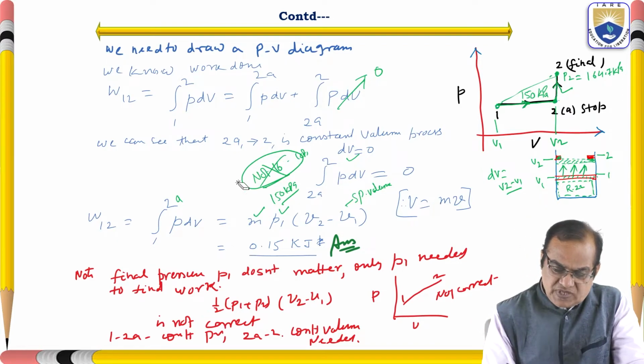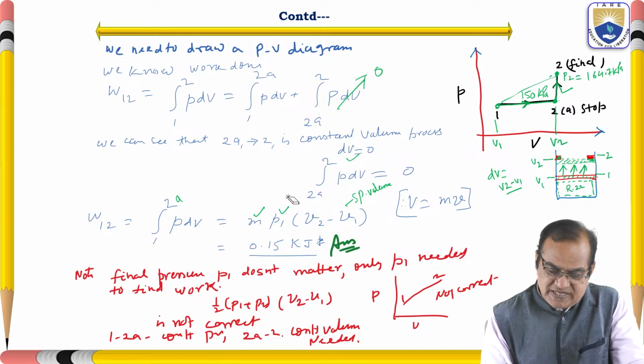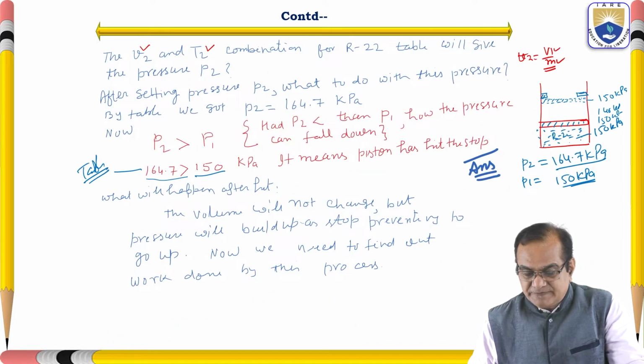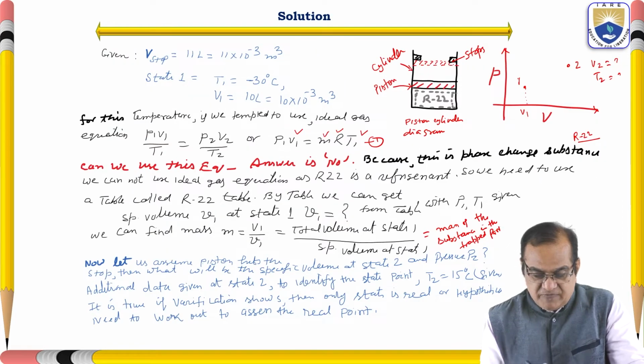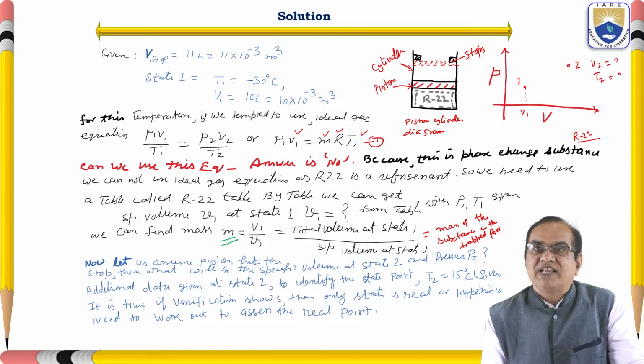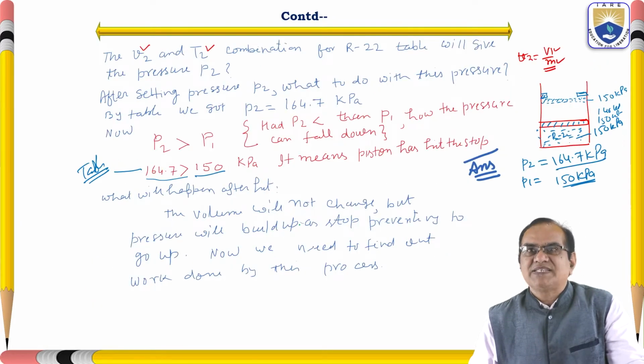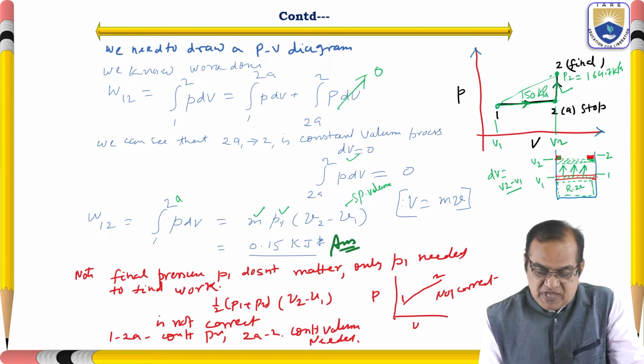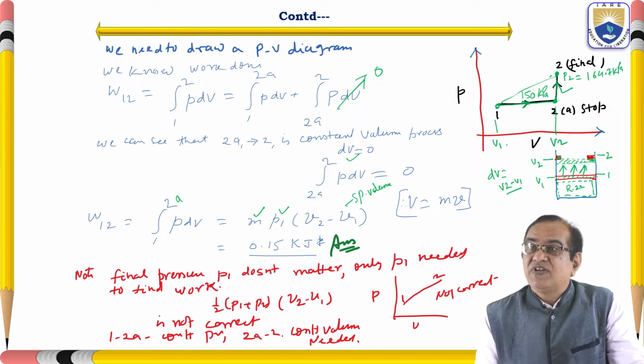Here you can see that we have already got the mass, from the previous step, from V1 by small v1. From here we get the mass, and we put in this value: 150 kilopascal, and then v2 is given and v1 is given.